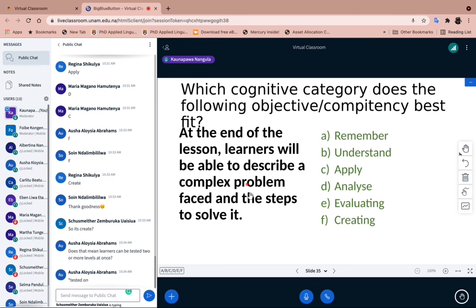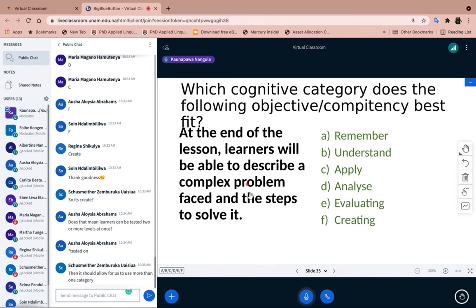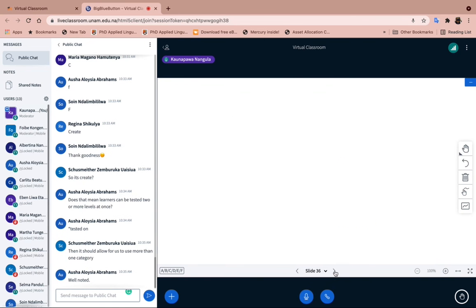Does that mean learners can be tested on two or more levels at once? Yes, we could definitely do that. It's possible. Whenever we use 'and' within the objective, the possibility of it falling on different levels is really high.